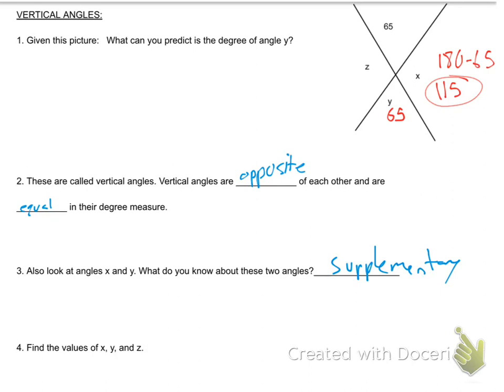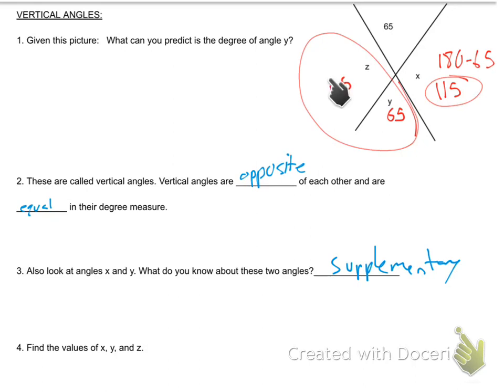And what can we safely assume about z? It's the same, 115. Now, could I have not done the same process with this? Saying that z and y are supplementary. They form a straight line or a straight angle. So therefore, they also add up to 180.